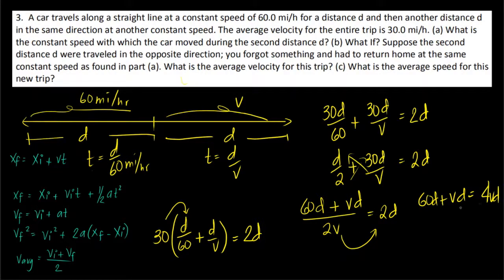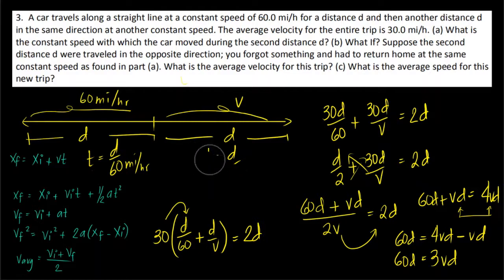Now, you can see we have two terms here that are both vd, the same variables. So, combine like terms: 60d is equal to 4vd minus vd. 60d is equal to 3vd. Okay? And as you can see, you can divide.